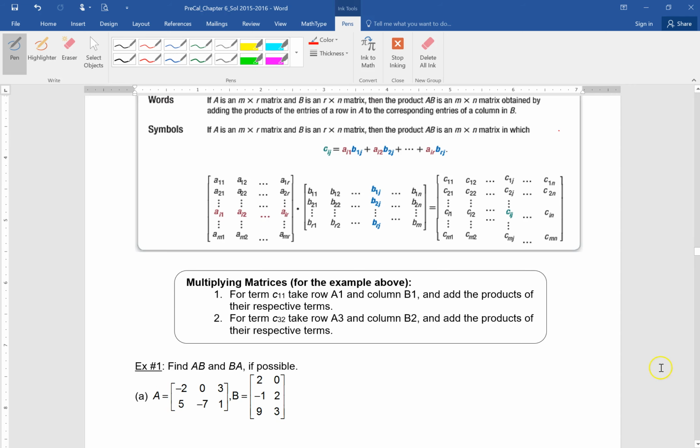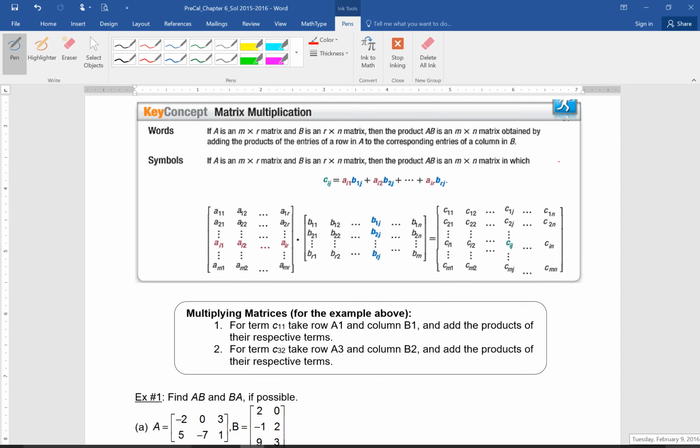All right, so you have two matrices here, okay? Suppose you are going to find the term C11. You want the term that occupies the position row 1, column 1, right? So you say to yourself, okay, this position is row 1, column 1. So what you do is this.